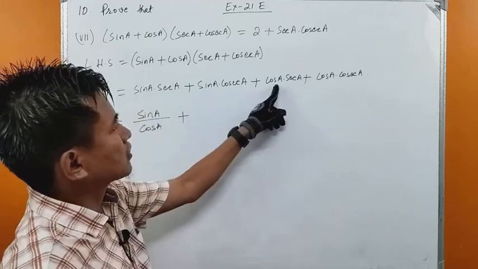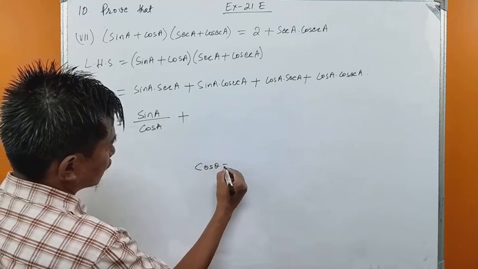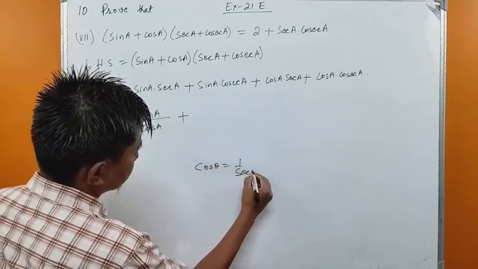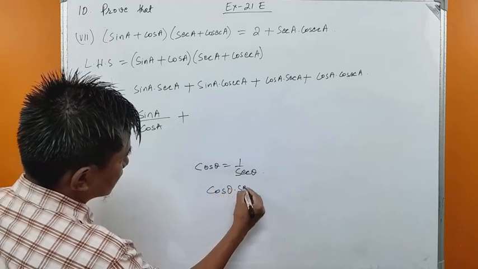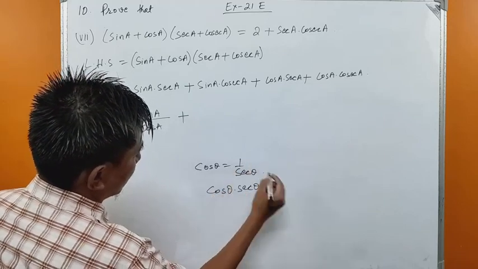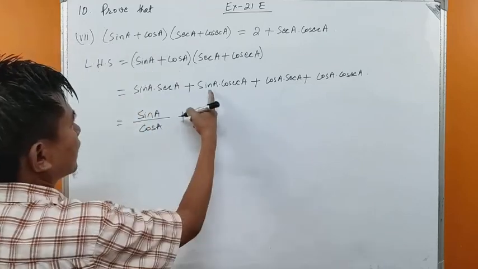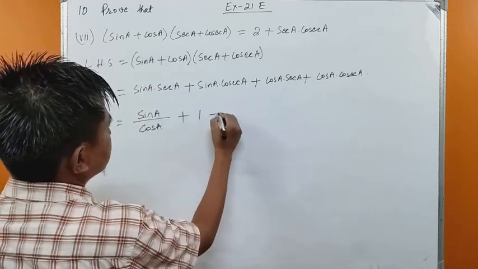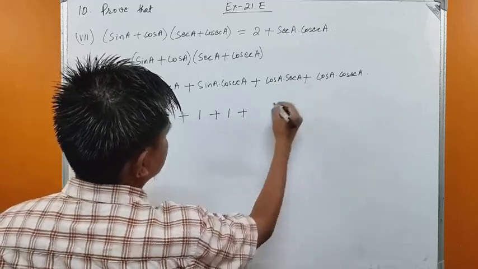Similarly, cos theta into sec theta is also 1, because cos theta equals 1 upon sec theta. So cos theta into sec theta gives us 1. So sin A into cosec A can be written as 1, plus cos A into sec A is 1, plus this cos A I write as it is.